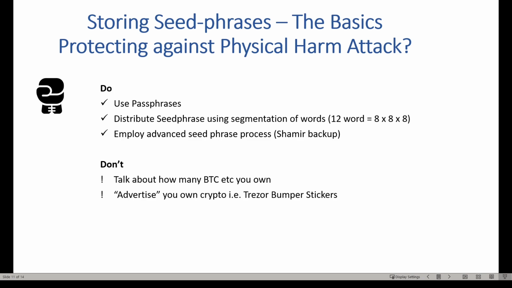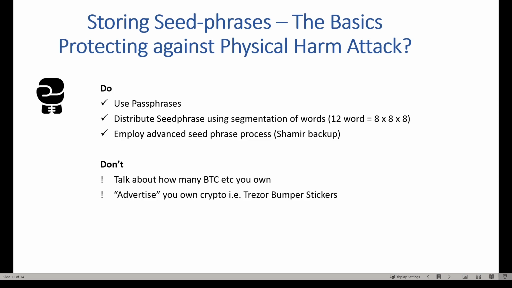We can do other things like distributing our seed phrase, using a segmentation type approach. So if you split your 12-word seed phrase up into 3 batches of 8 and distributed that to trusted places or people, the only way that seed phrase could be reconstructed is by bringing 2 pieces of that together. So 2 lots of the 8 words to form the full 12 words.